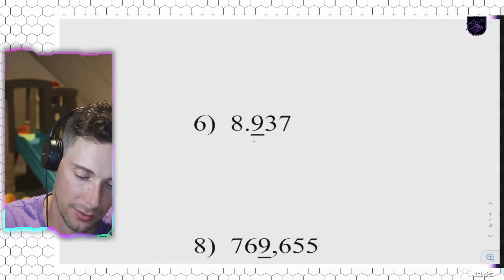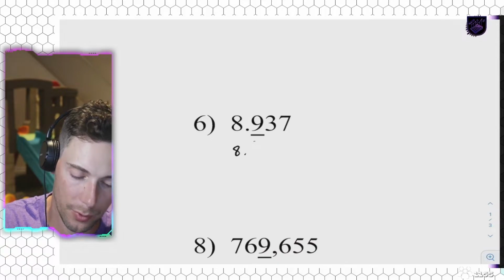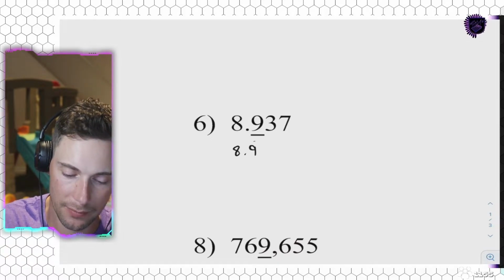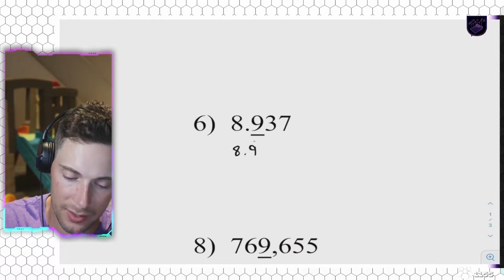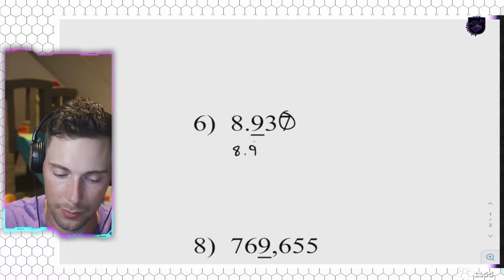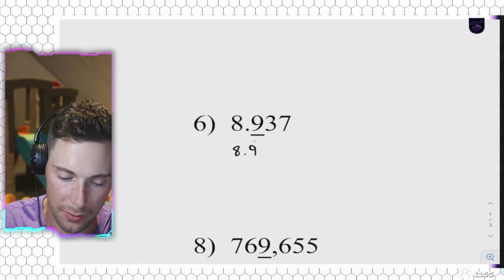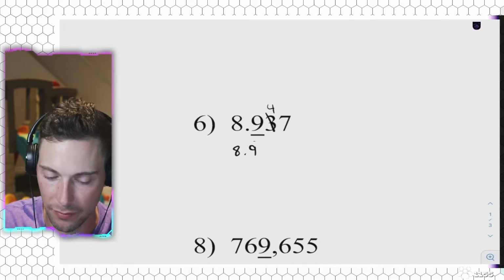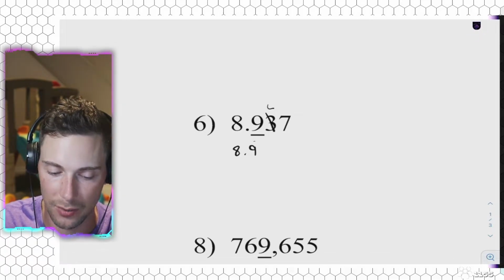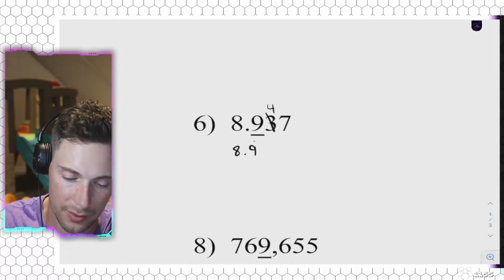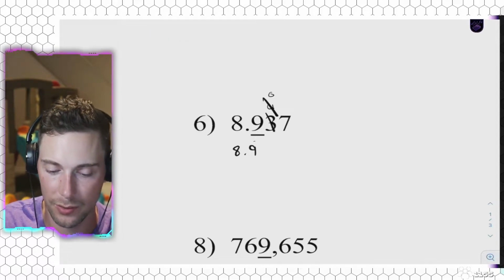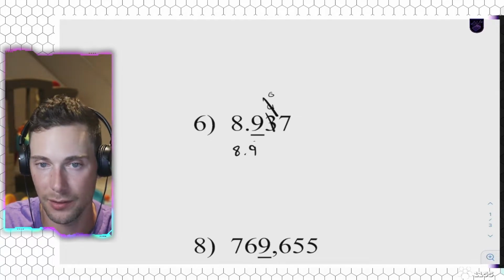So we're going to round to 8.9. So even though this is a 7, this 7 would round this 3 up to a 4, but this 4 would still round, hold on, redo. This 4 would still round down to a 0, leaving 8.9.